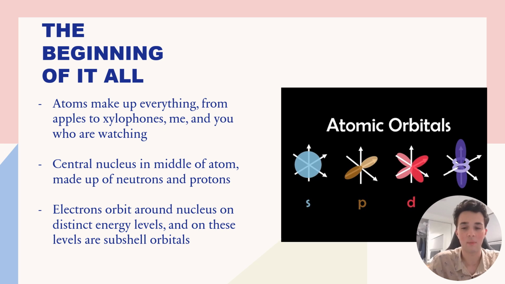Both neutrons and protons have a mass, and this mass is one atomic unit, which we'll get around to in a minute. They're held together in the center of the atom, quite tightly bonded.